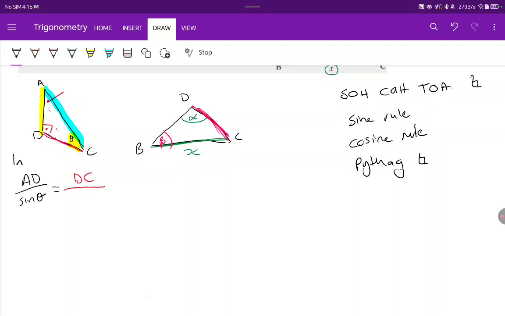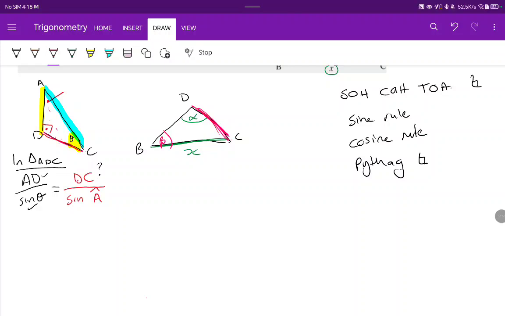That's why we say in triangle ADC. So in ADC, it's DC over sine of whatever angle A is, but we don't know what angle A is. So if I do a little checklist, I can say this is fine because it's unknown. That's fine. DC is unknown. Hold on one sec.